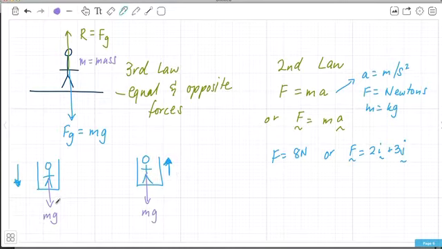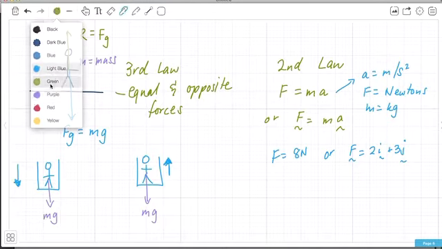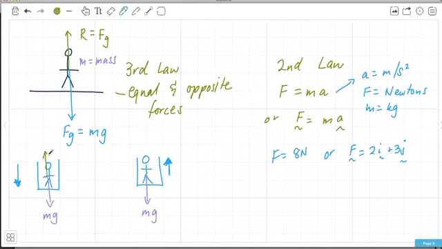Sometimes if the lift goes down really suddenly, you almost come off the floor, you seem lighter. So because you seem lighter, the reactive force of the lift against you actually reflects that. So the reactive force R, instead of being mg, actually ends up taking into account the acceleration of the lift.